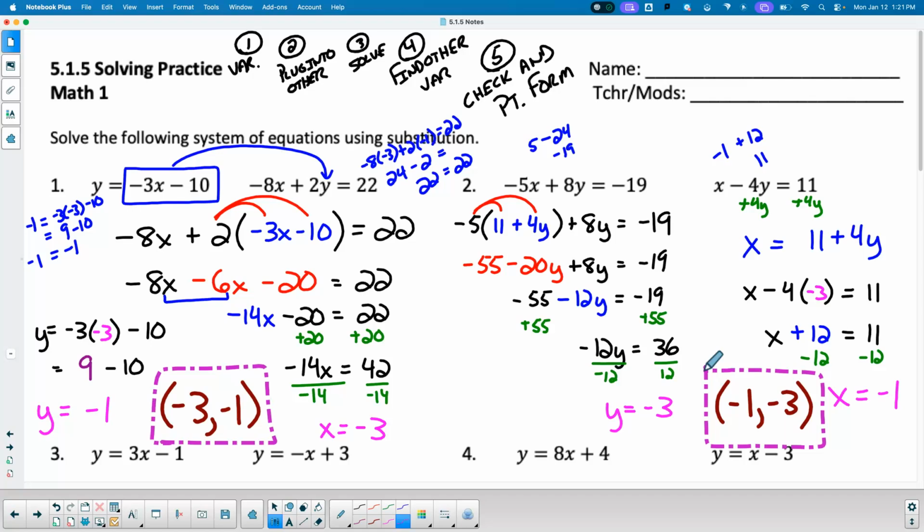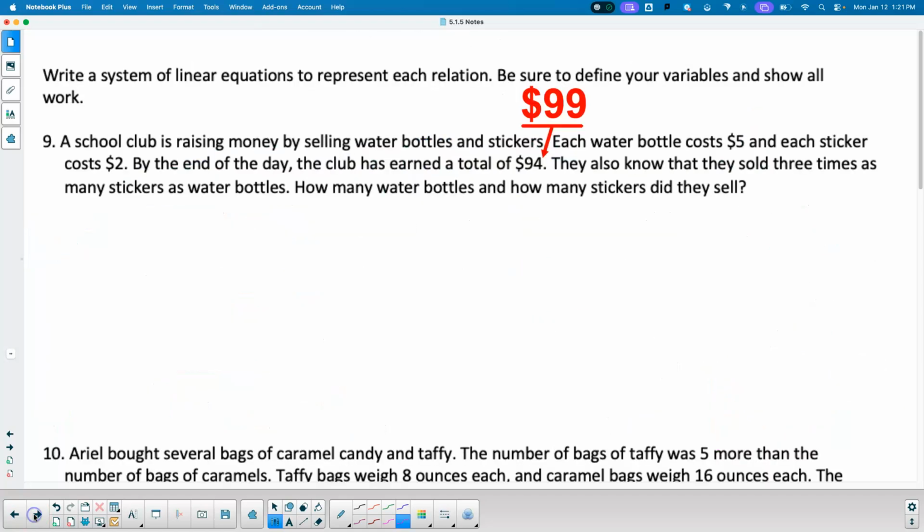Questions, comments, concerns, clarifications? Which word problem do you want to do? 9, 10, or 11? Actually, hold on. Before I say that, in number 9, make sure you change the $94 to $99.